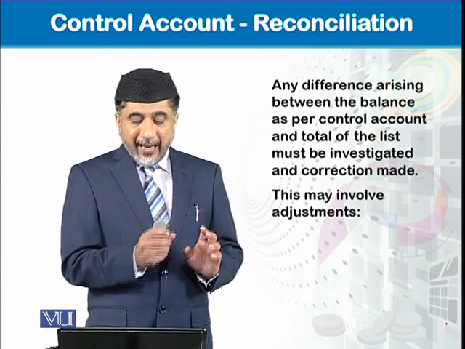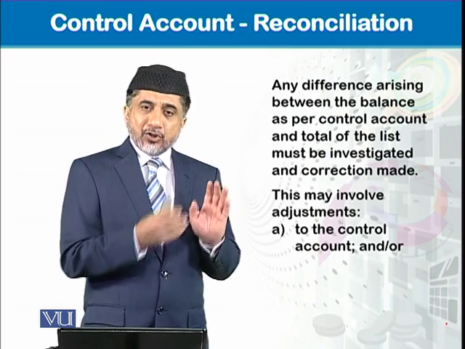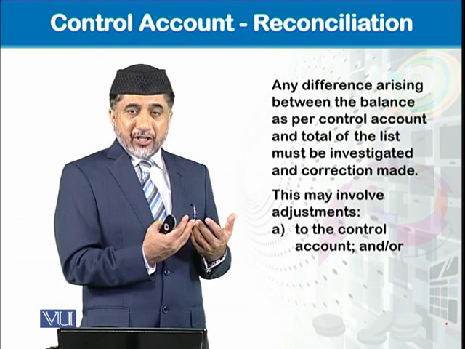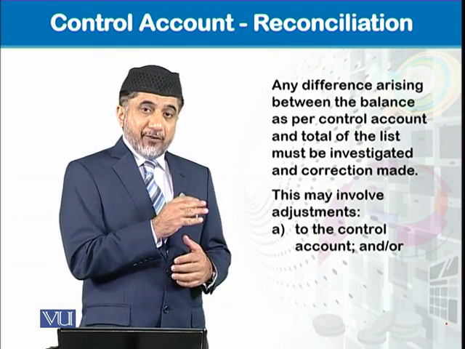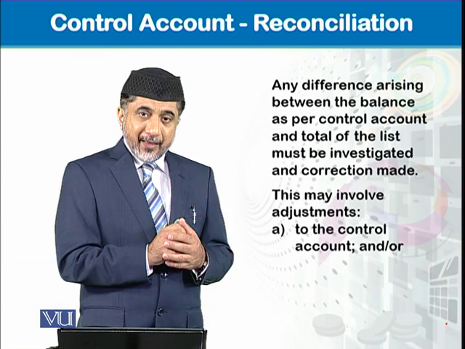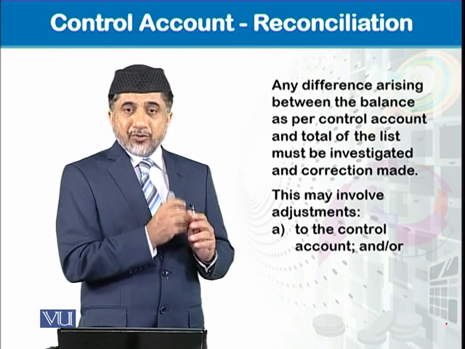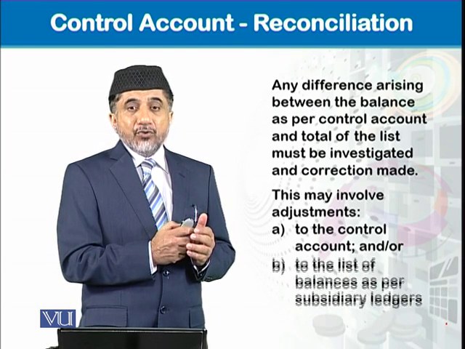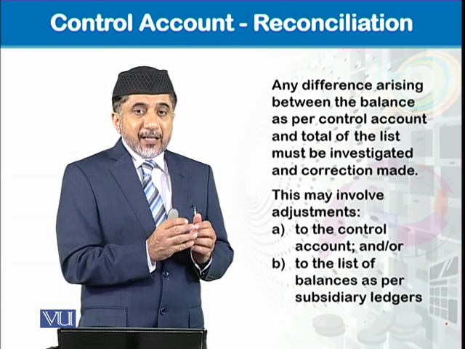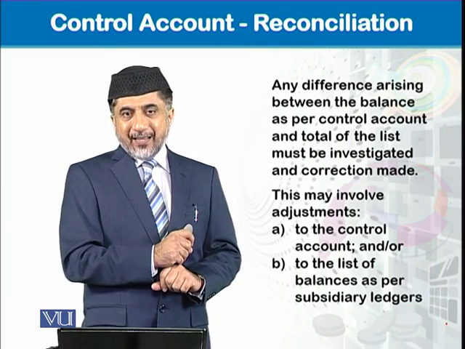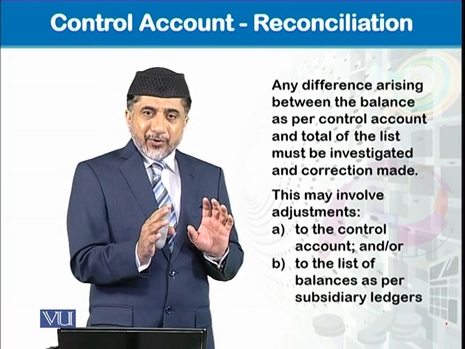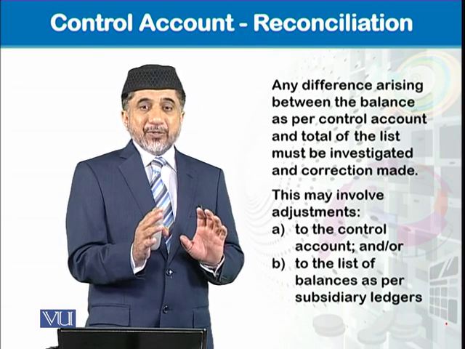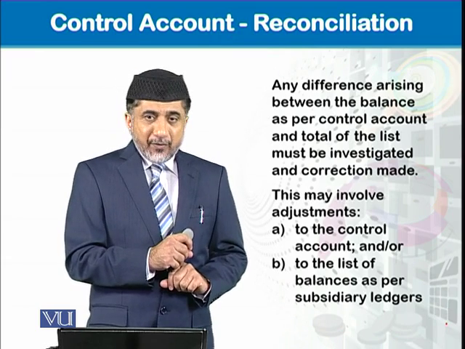That would be corrected either in the control account, because there would be some mistake in the control account while posting information or making the total of the control account, or there would be some mistake because of which we would need to amend the balance of the list. So these are the two areas where we will require some amendments or adjustments. How we will do this?